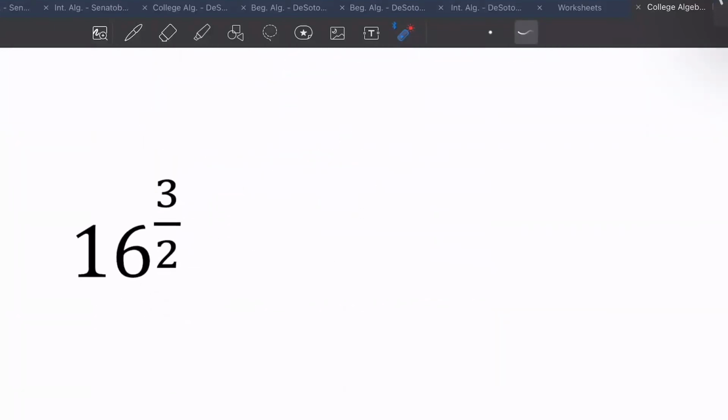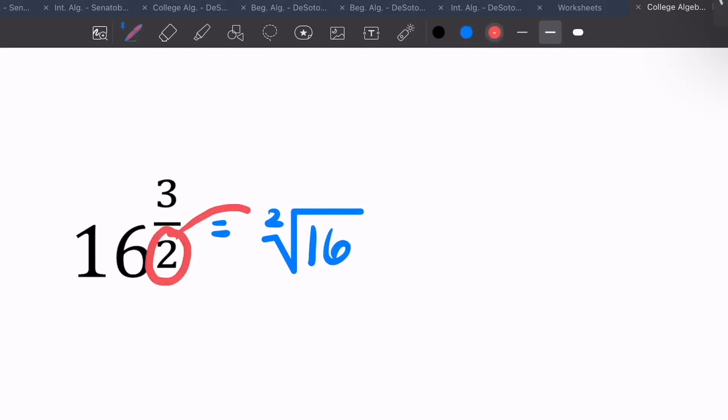So now we have 16 to the 3/2. Just a second ago, we had 16 to the 1/2, but now we have 3/2. So we have the square root. Let's deal with the radical first. The square root of 16, we're not going to put an equal sign because that might be a little wrong, let's just put an arrow.